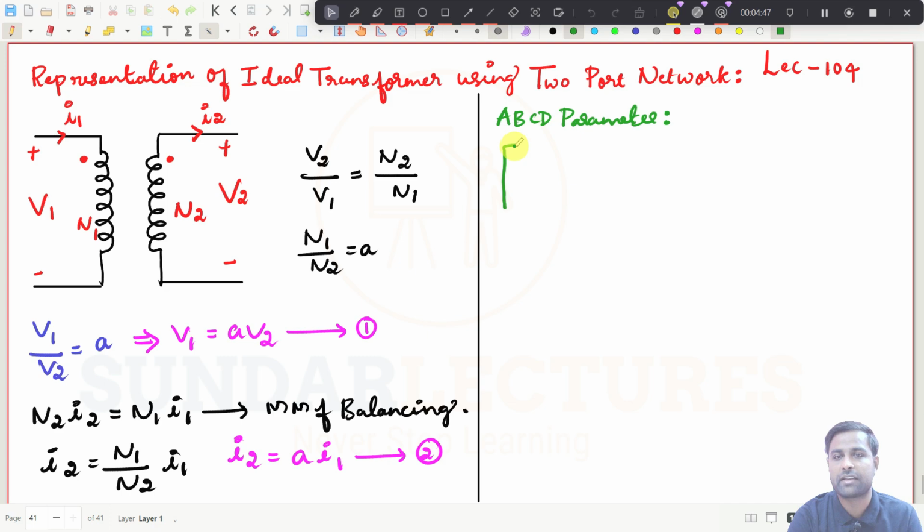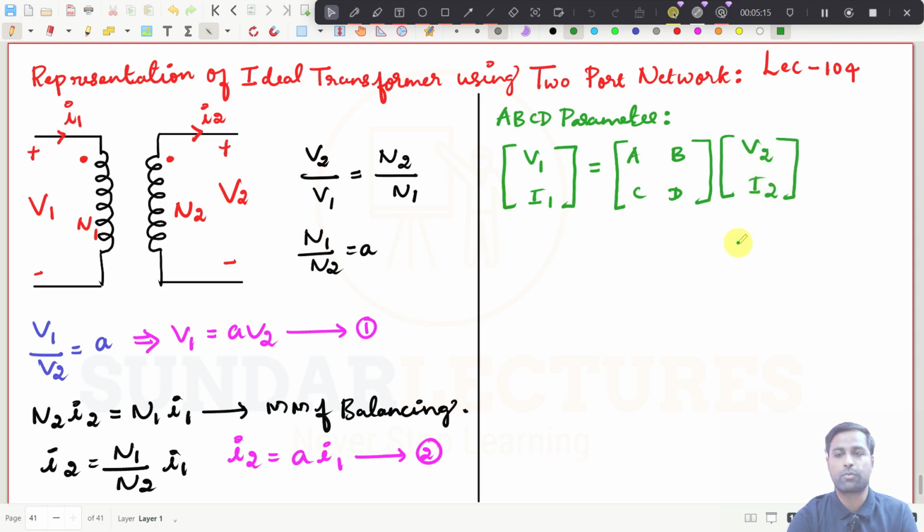We generally write V1 and then I1, that is input voltage and input current, related through A, B, C, D, and then the output voltage and output current, output port voltage and output port current, right?